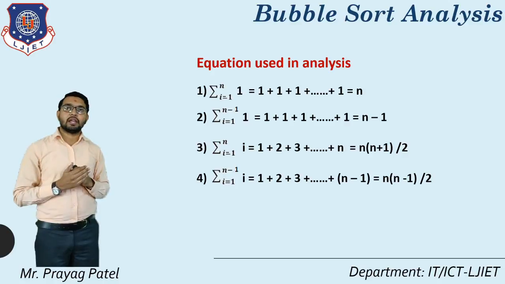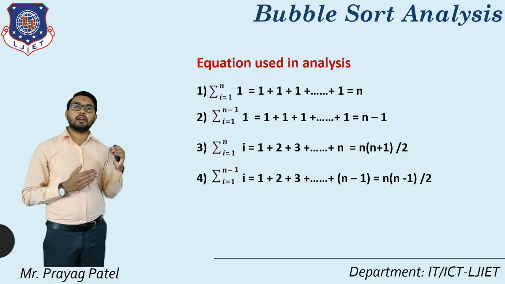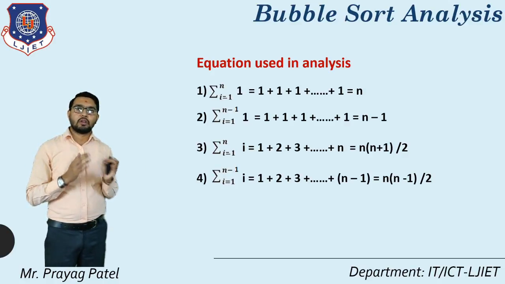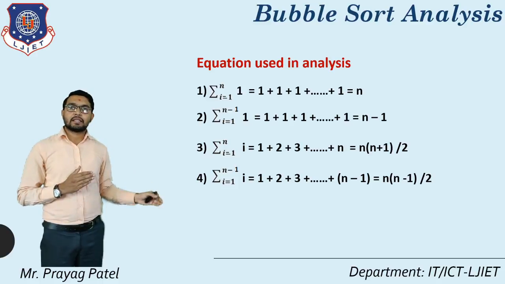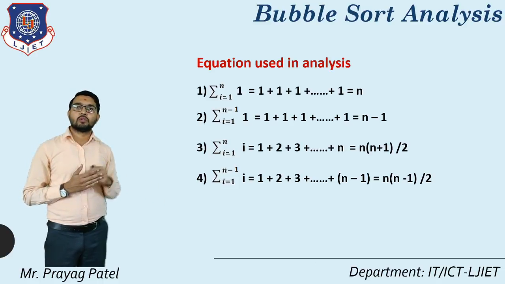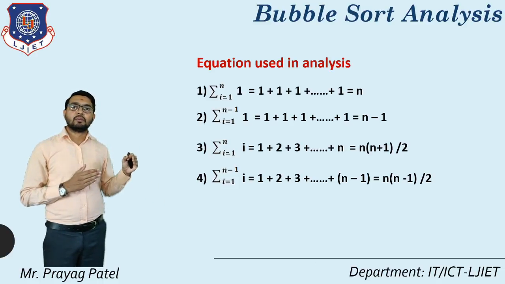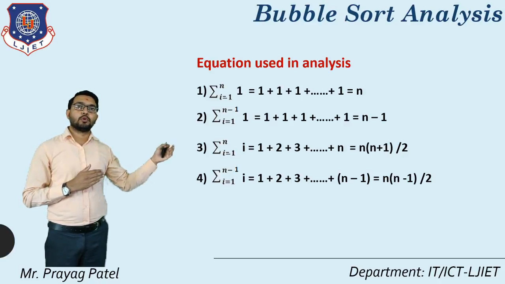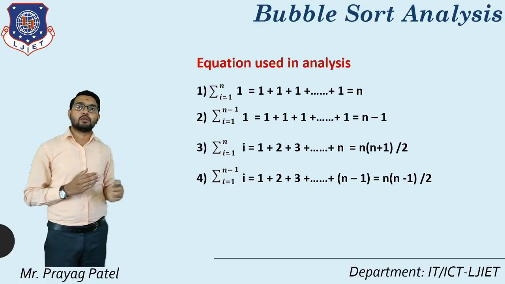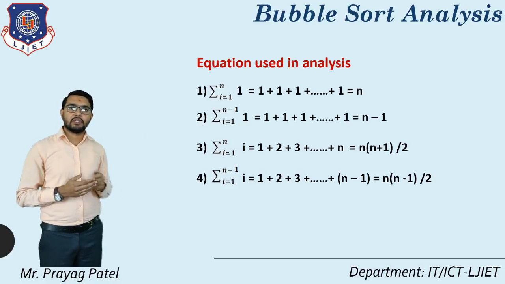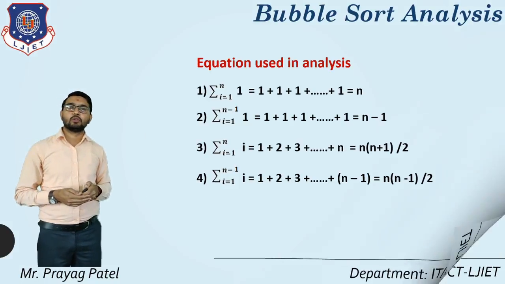Now in the third equation, sigma i equal to 1 to n of i, here consider the first value as 1 plus 2 plus 3 up to n equal to n into n plus 1 divided by 2. And the last equation is sigma i equal to 1 to n minus 1 of i, 1 plus 2 plus 3 up to n minus 1, considered as n into n minus 1 divided by 2. So consider these equations and find the complexity according to them.